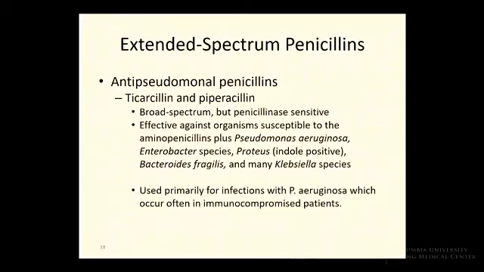But the thing to remember is that those organisms like the pseudomonal organisms are not as likely to be producing penicillinase. Okay. So the fact that they're basically more effective than you might think, even though they're penicillinase sensitive.